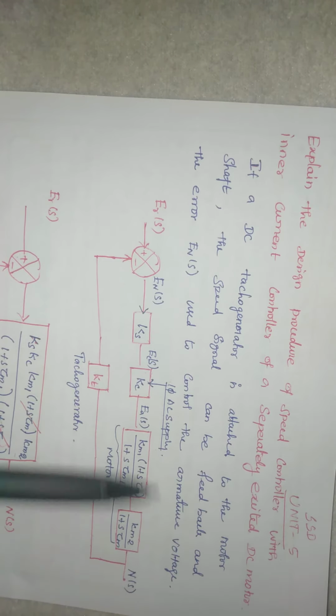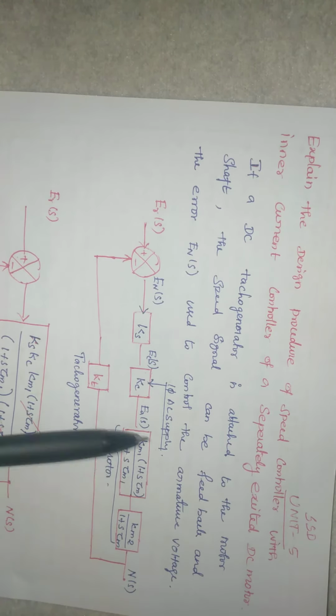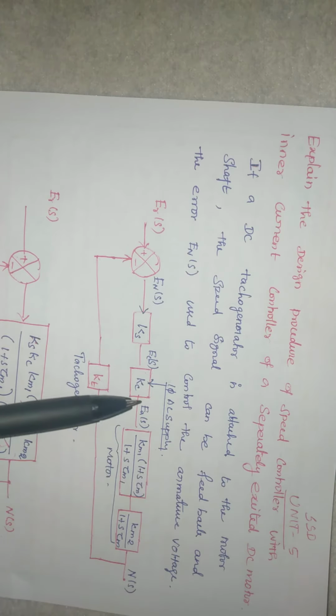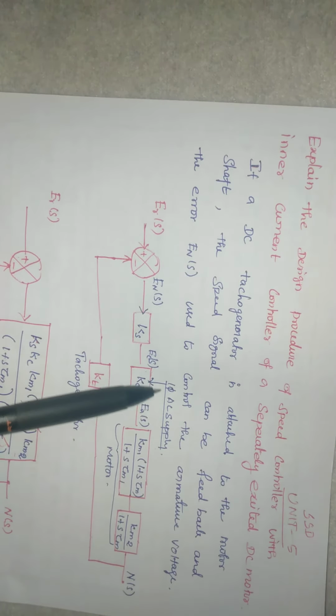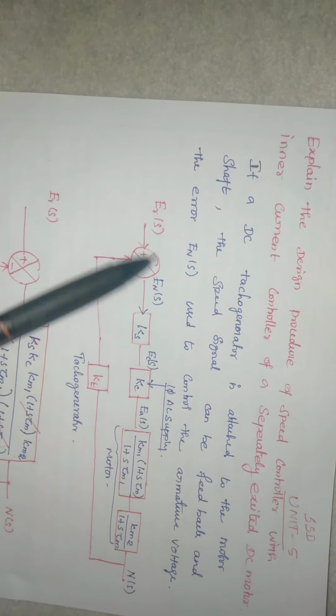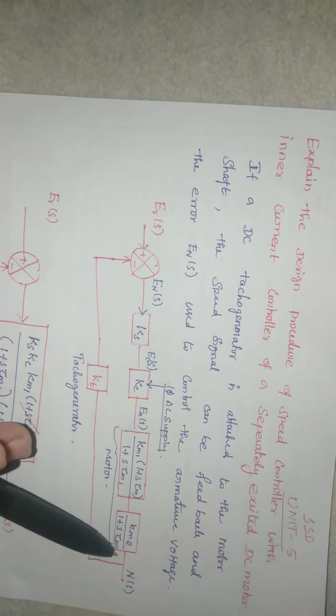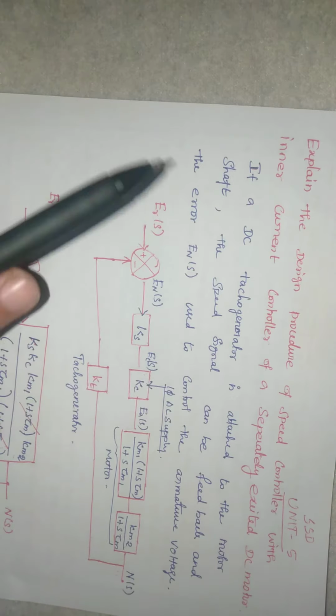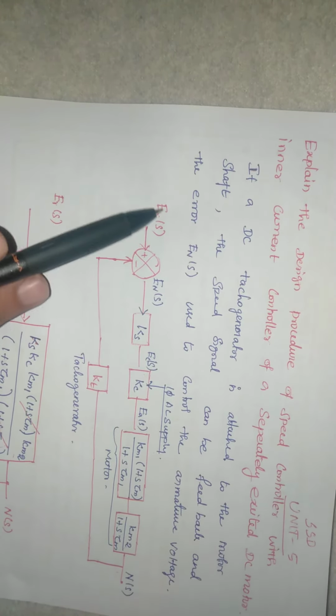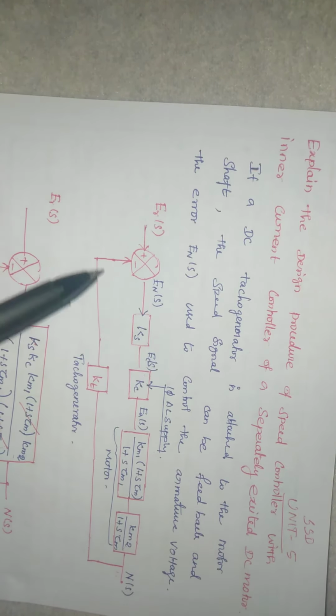Then the controller works based on some changing value. So this input will not change the speed, but this input can change the speed. So we are taking this reference signal as the input.